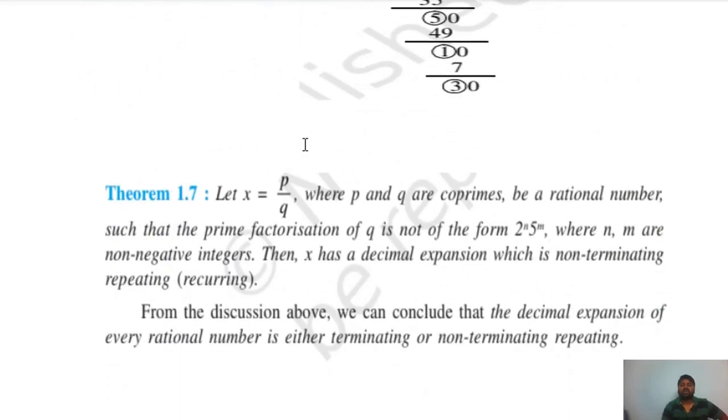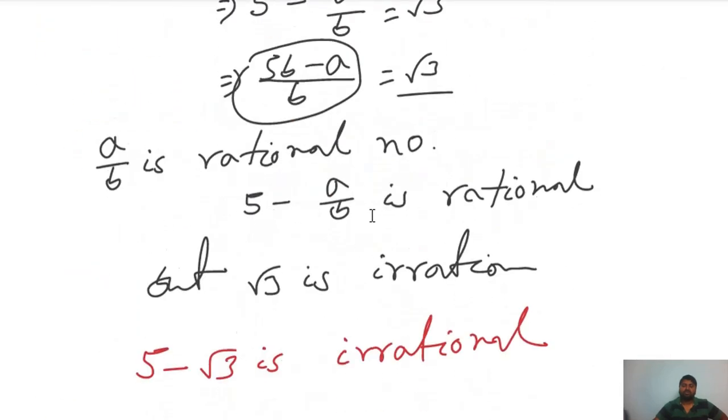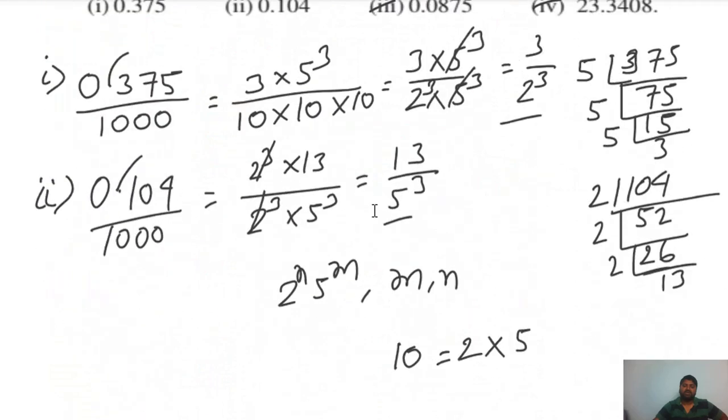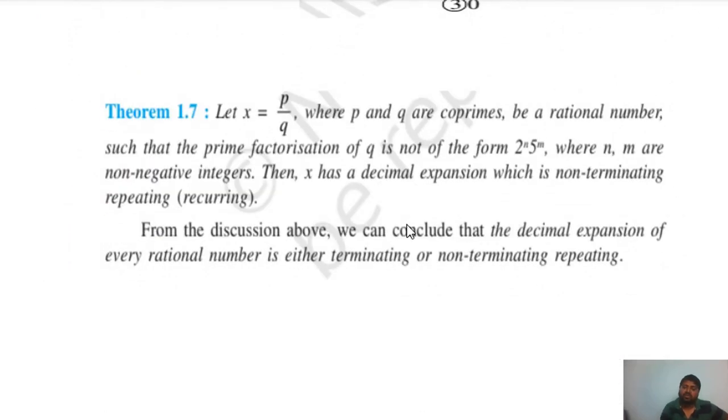Here we get p by q, which we also saw in the previous class. So here x equals p by q, where p and q are coprime, be a rational number such that the prime factorization of q is not in the form 2 to the power m and 5 to the power n.